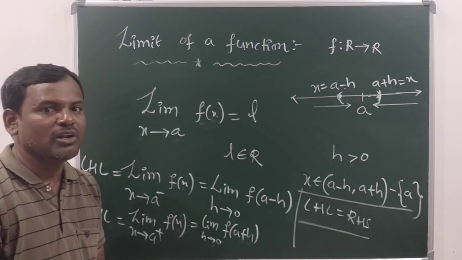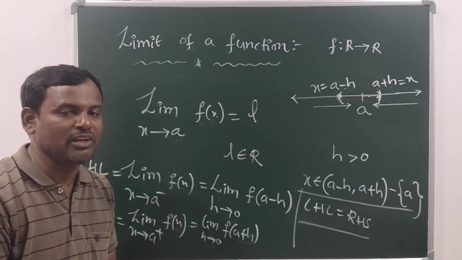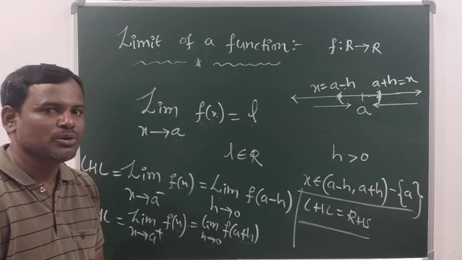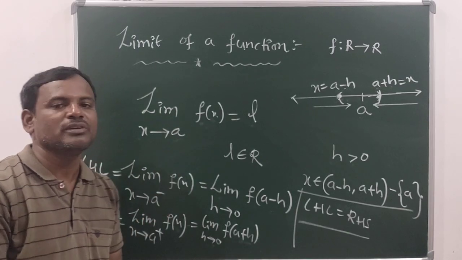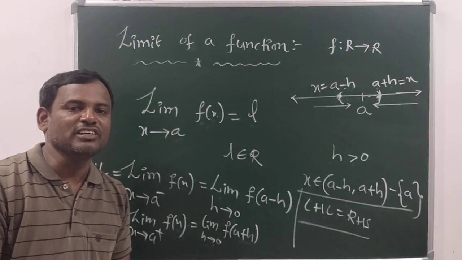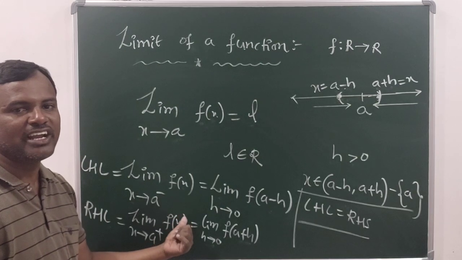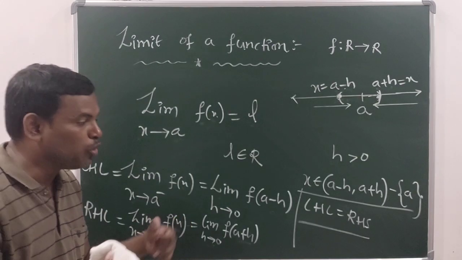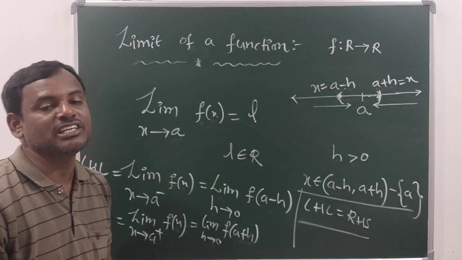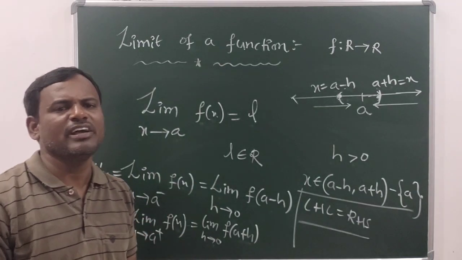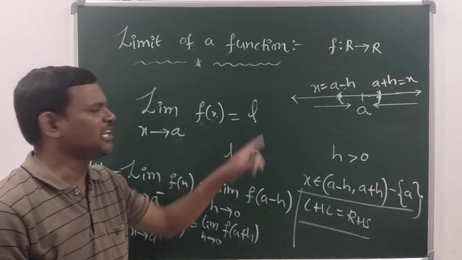So we follow different methods to evaluate a limit of a function. In some problems we evaluate the limit directly, but in some problems we check like this: left hand limit, right hand limit. If both are equal, then you can say that the limit of the function exists, very close to this L.